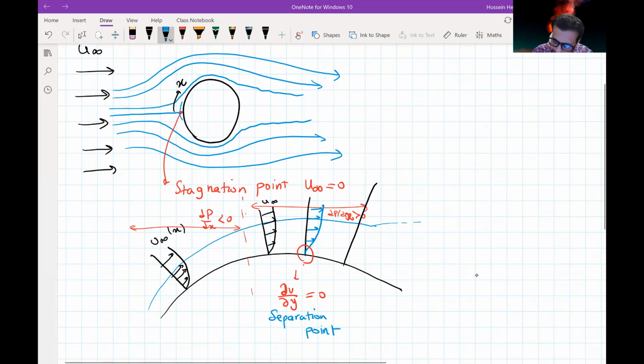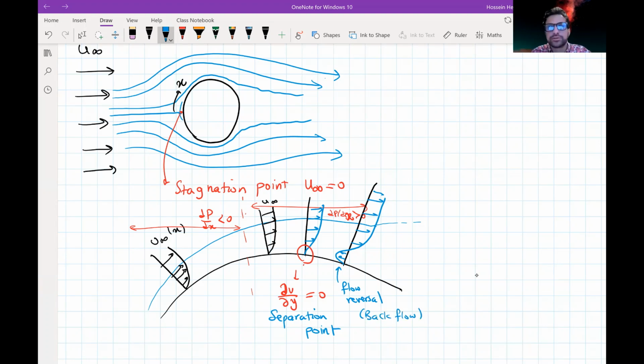We are going to see a reverse flow. So we have what we call flow reversal, a backflow. Then we are going to observe the formation of vortices, and you're going to see a wake here.